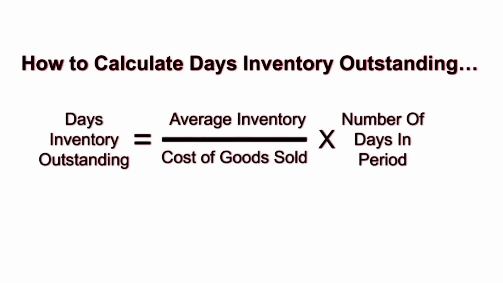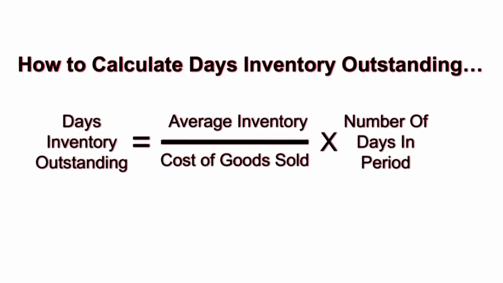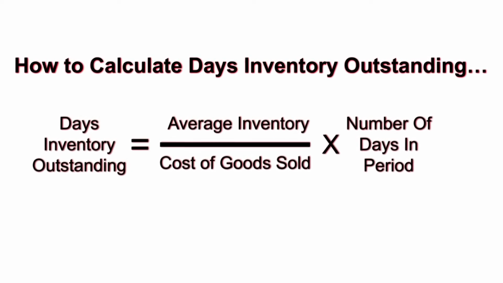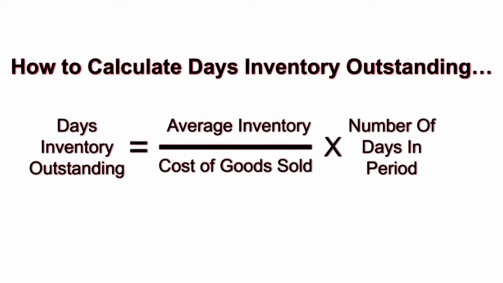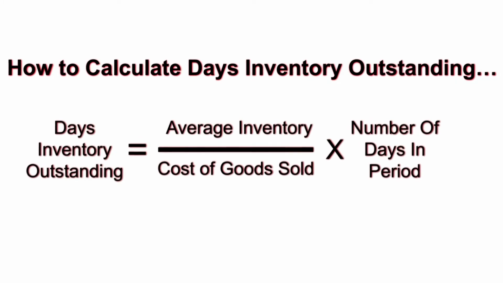Days inventory outstanding is usually calculated as shown in the picture here. DIO equals average inventory divided by cost of goods sold times the number of days in the period you are calculating.